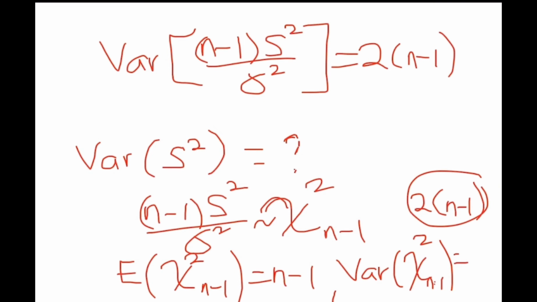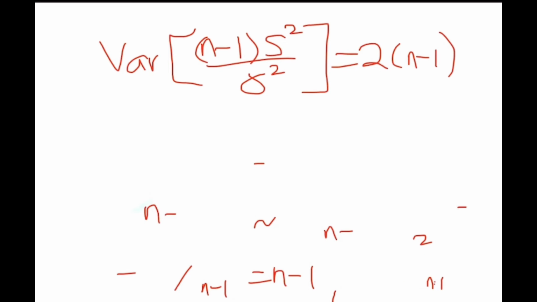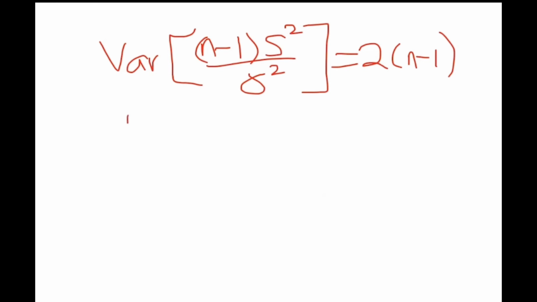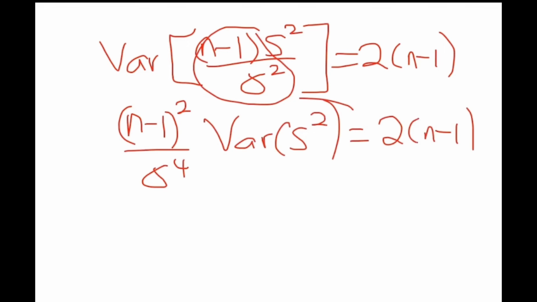Next, in the parentheses, the constant is n minus 1 over sigma squared, and the estimator is the sample variance, which varies. So I have n minus 1 squared over sigma to the power 4, because the constant comes out squared, times the variance of the sample variance, which is equal to 2 times n minus 1. And this is what we're looking for.